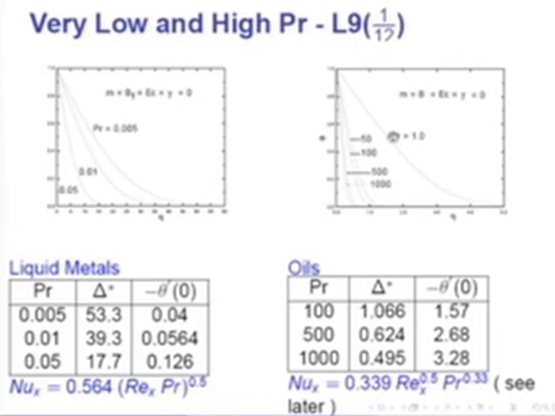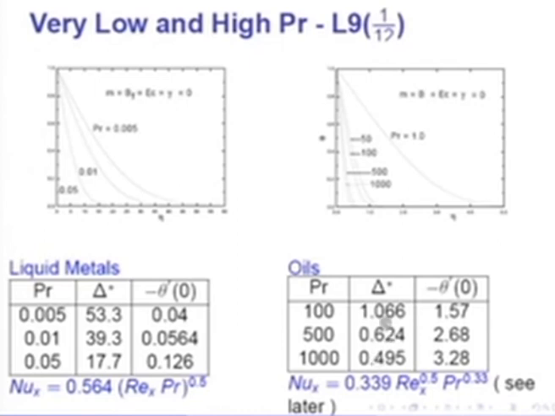On the other hand, on the oil side, you will see Prandtl equal to 1 gives you this, which is the reference solution, about 4.92 as the temperature boundary layer thickness, but for 50, 100, 500 and 1000, you see the temperature boundary layer thickness goes on reducing, and I have given some values here. For 1000, it is as low as 0.495, which is 10 times smaller than the velocity boundary layer thickness, which was about 5.